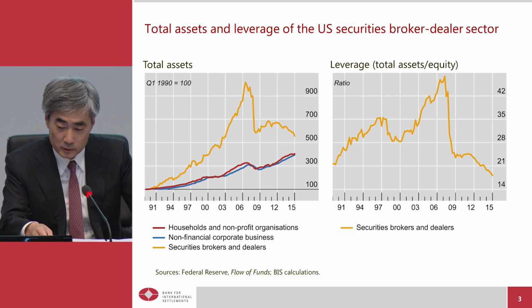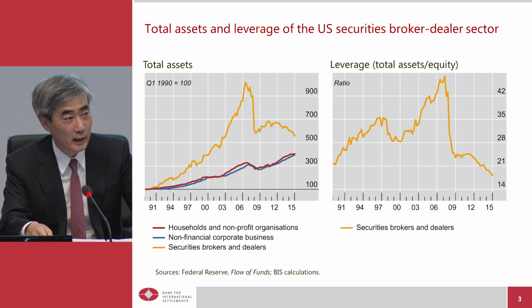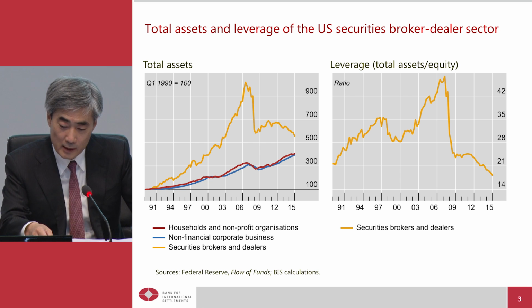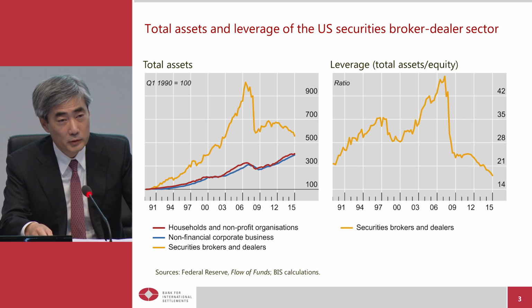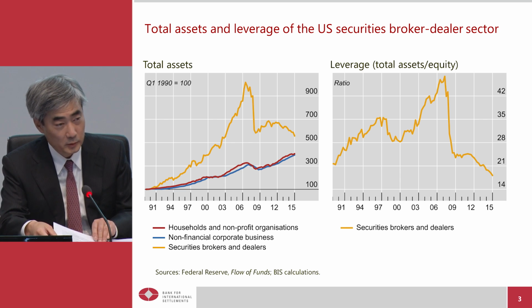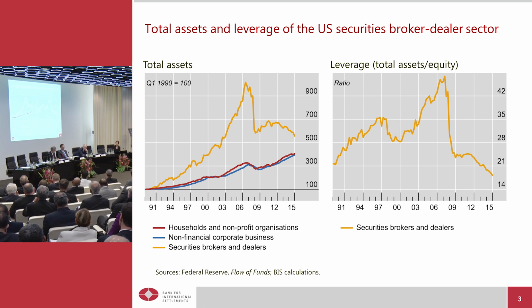The right-hand panel shows you the leverage of the broker-dealer sector, defined as total assets over equity. The leverage started out at 22 in 1990. It rose to close to 50 at the peak, and then subsequently fell sharply with the onset of the crisis in 2008.